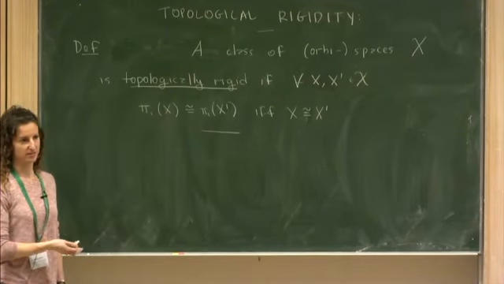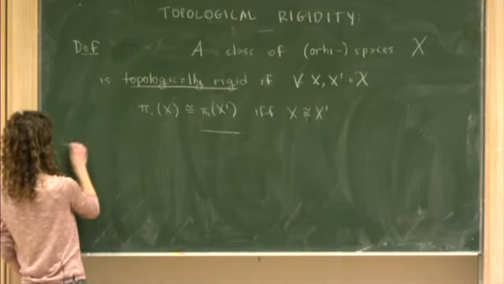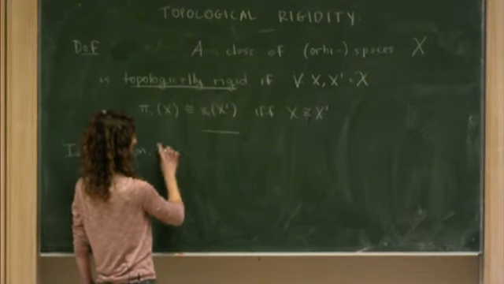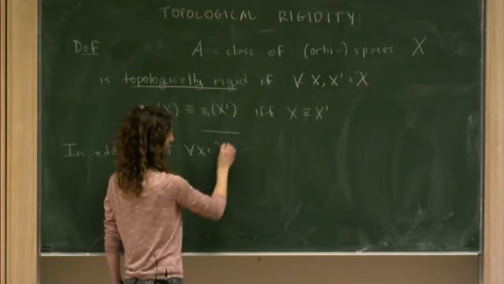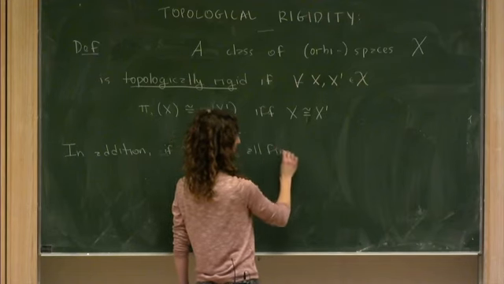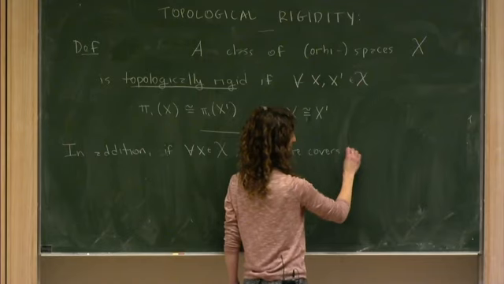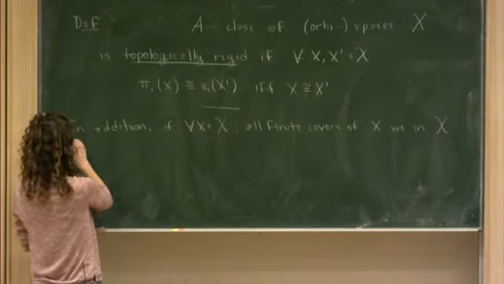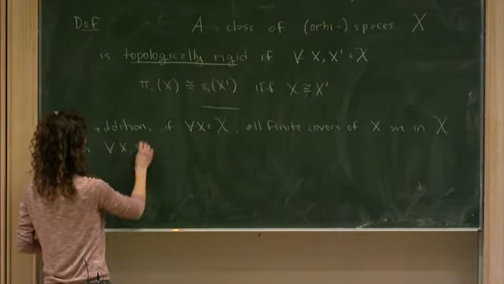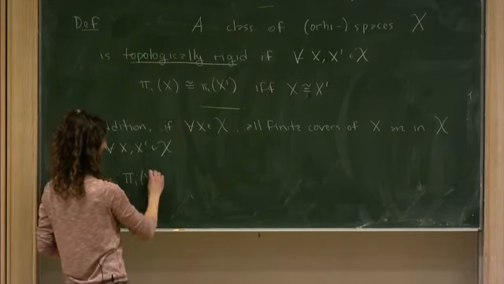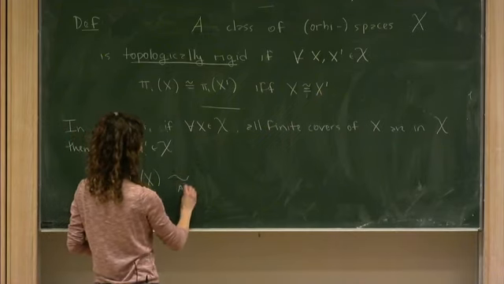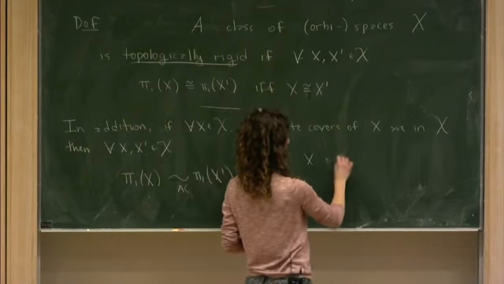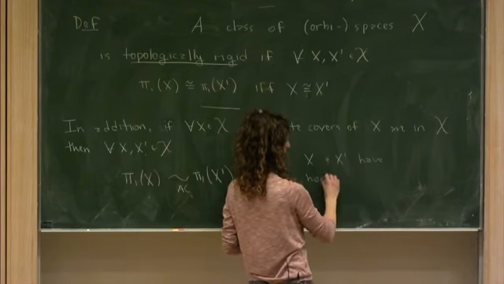So it's a strong condition you can ask a class of spaces to satisfy, and why it's relevant is if, in addition, for all spaces in your class, all finite covers of your chosen space are in the class of spaces X, then for any two spaces X and X prime in X, their fundamental groups are abstractly commensurable if and only if X and X prime have homeomorphic finite covers.